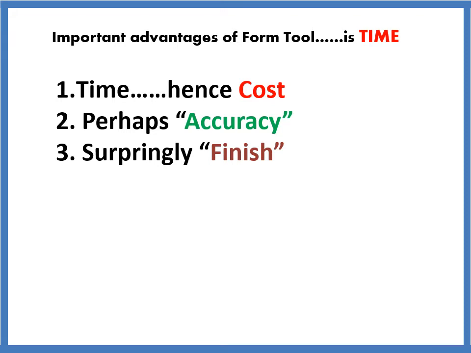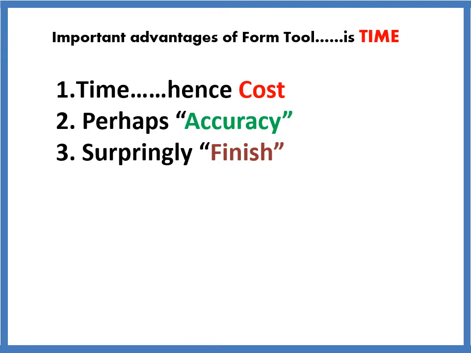Third, inevitably the finish achieved with the help of a form tool is of greater advantage, because when a single point tool moves, it forms cusps between rotations of the workpiece as the cutting point travels along the contour, and this leaves peaks and valleys on the surface finish.